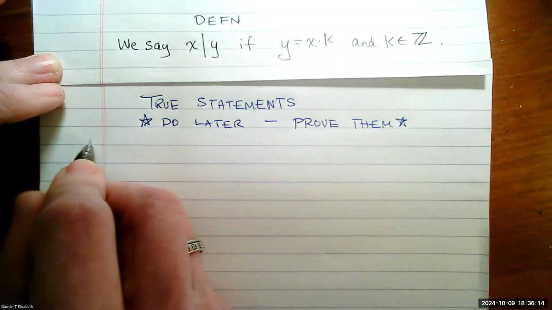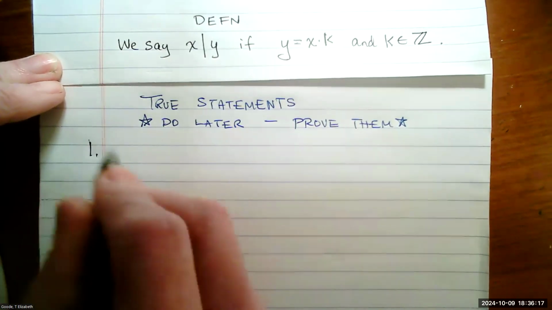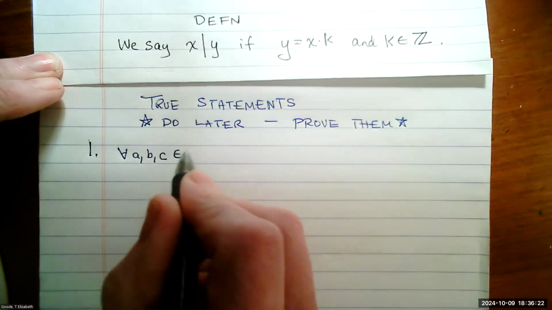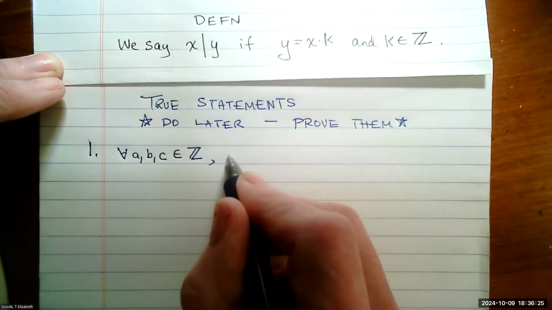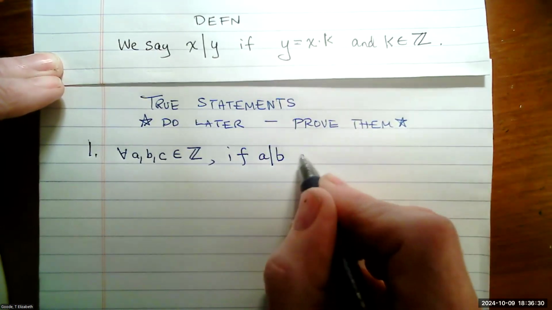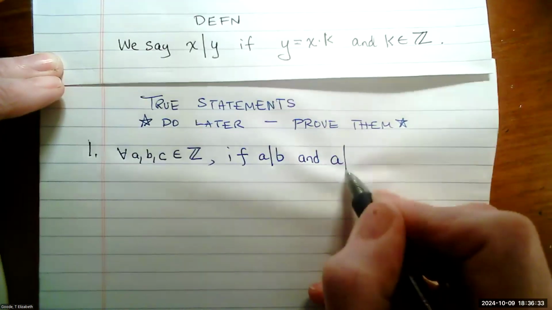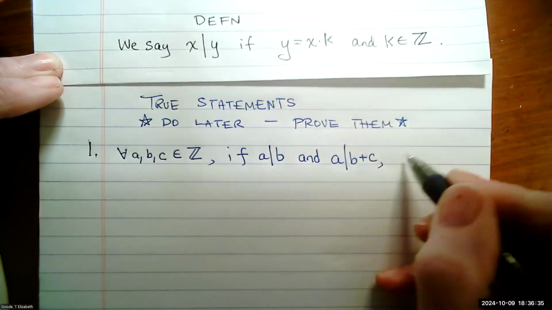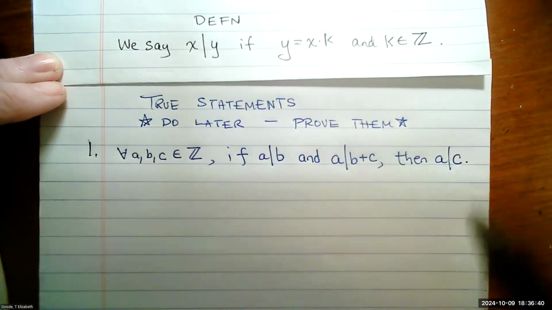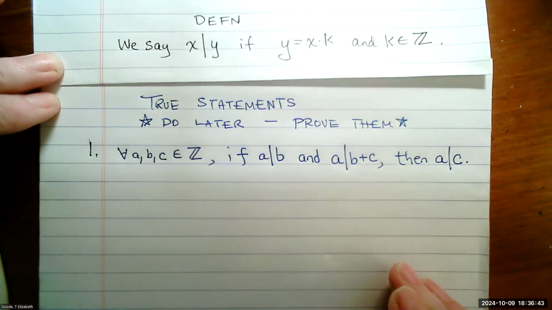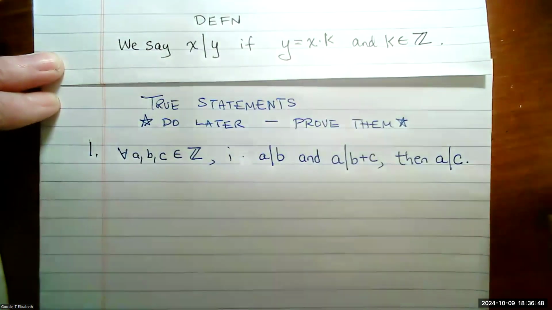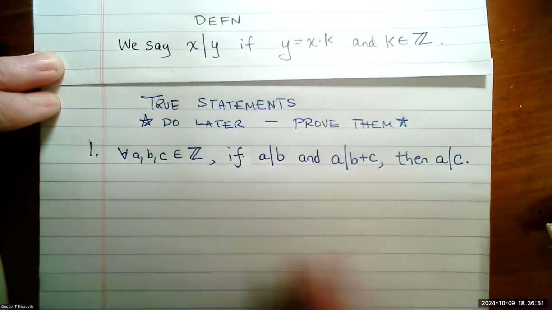The first statement is: for all A, B, and C in Z, if A divides B and A divides B plus C, then A divides C. This looks a lot like the statement that we proved on day 11, but it's a little bit of a twist on that. So see if you can prove that.